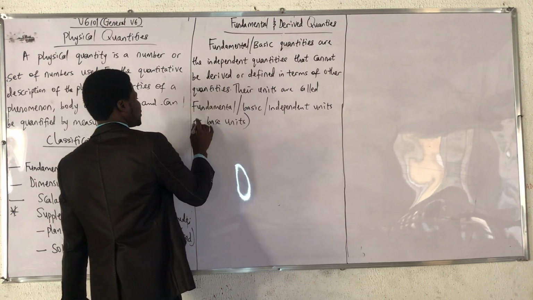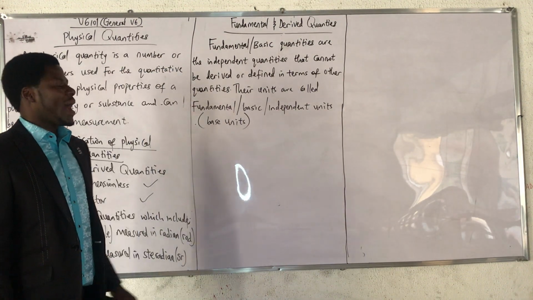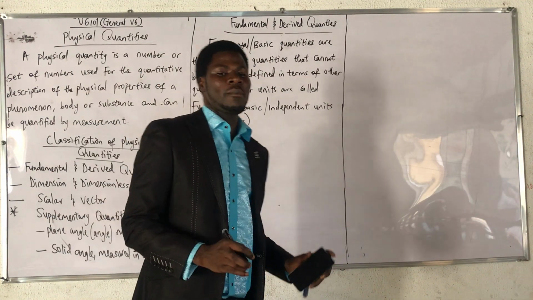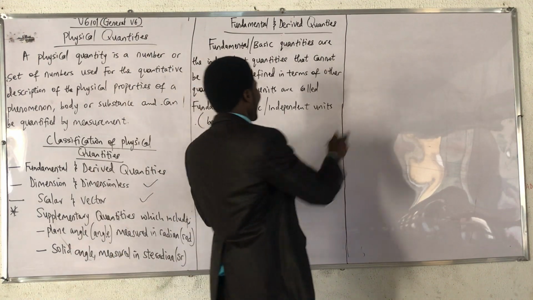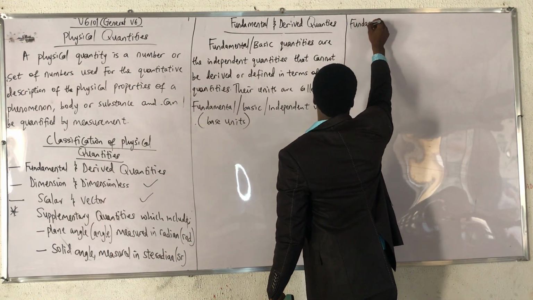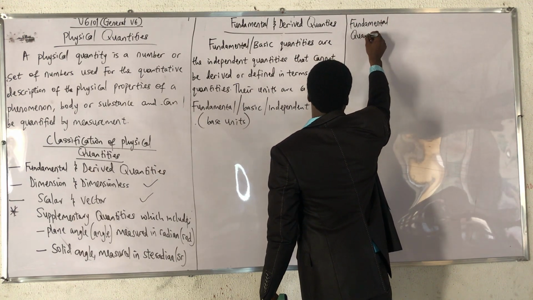You can also call them base units. Okay? And these fundamental quantities, they are 7 in number. I will list all of them here. Fundamental quantity.